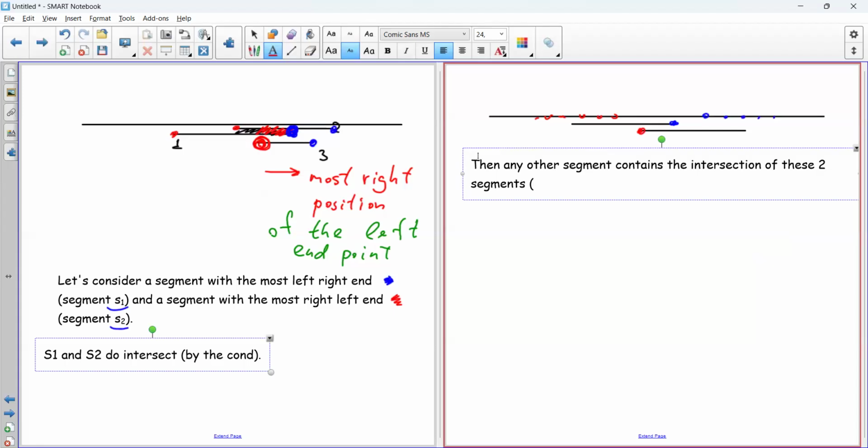Actually, S1 and S2 may also coincide. Then any other segment contains it.